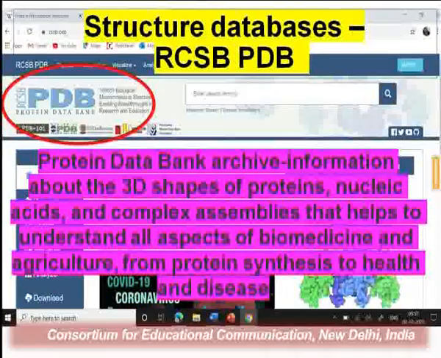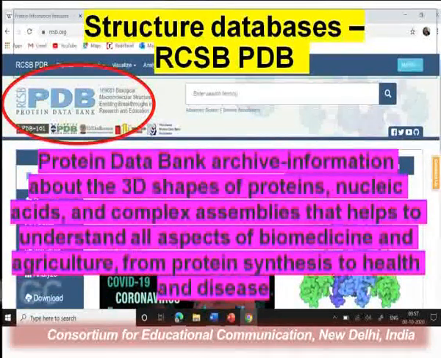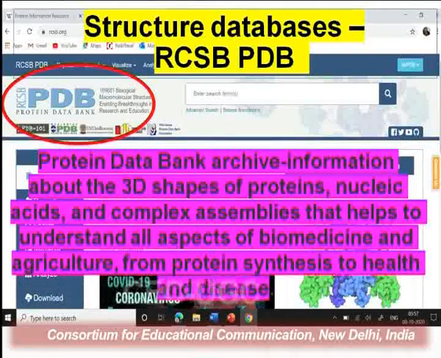The next type of database: earlier we were talking about sequence databases, now we will talk about structure databases, and the most popular one here is the RCSB PDB database. The picture of COVID-19 which I showed you in the last lecture was taken from this.